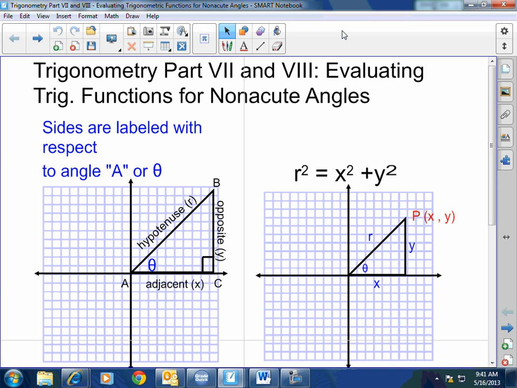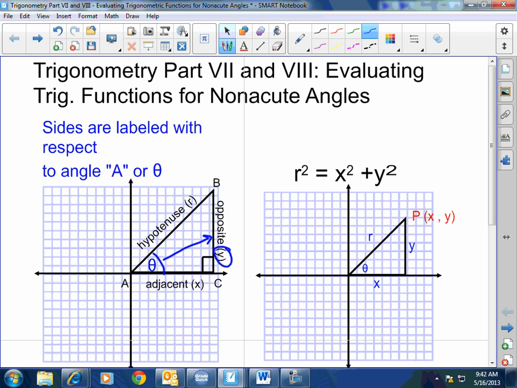Remember, when we're talking about trigonometry, we're talking about right triangle geometry, basically, what's going on here. And when we have an angle, let's call it theta. In this case, it's angle A or theta. Remember that across the theta, that's the opposite. The opposite is the y value.